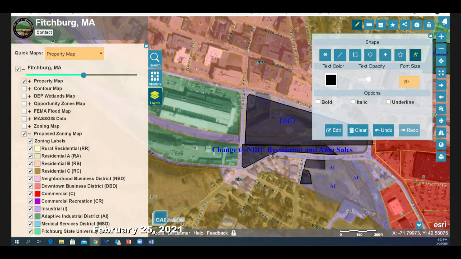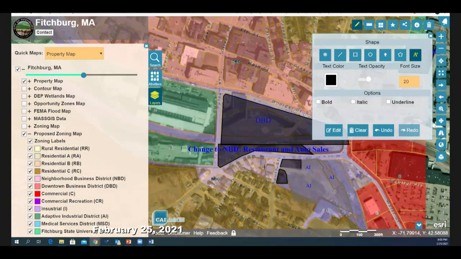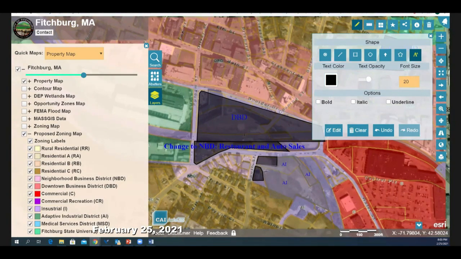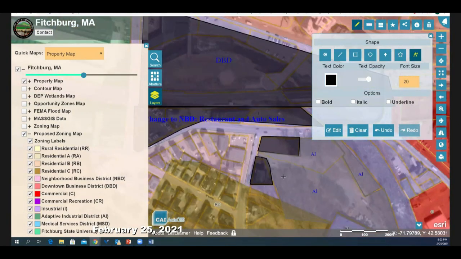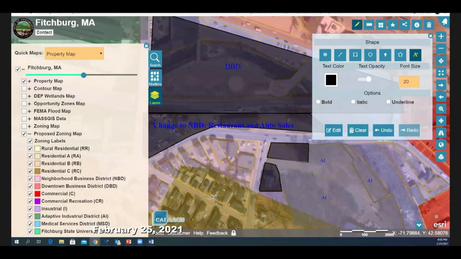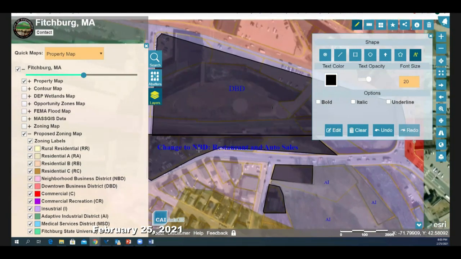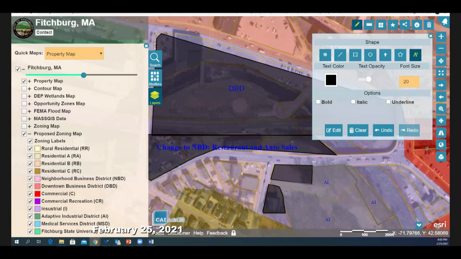What's the building right below that, or south of that anyway? Are you referring to this? Yep, lower than that. Here? Yeah, that. I believe that's a vacant lot as well. And I was going to get there in a moment because that's actually a different distinction. But one of the changes was to propose to make that NBD. Again, that's Zetas and car sales lots.